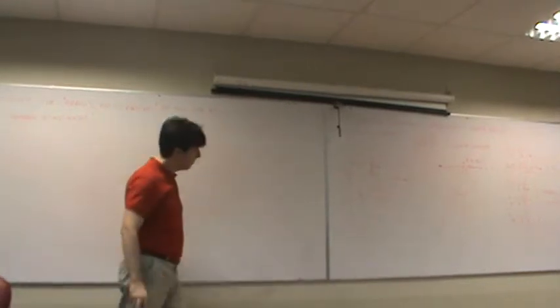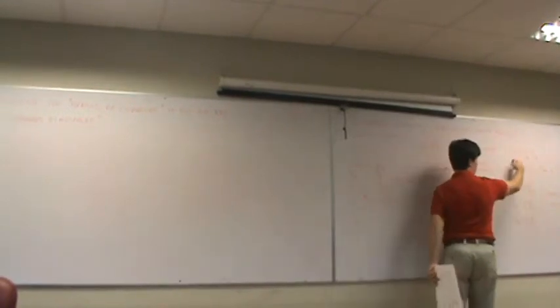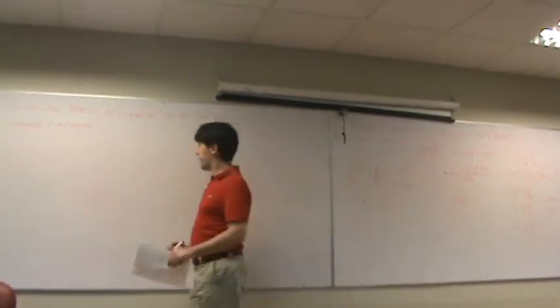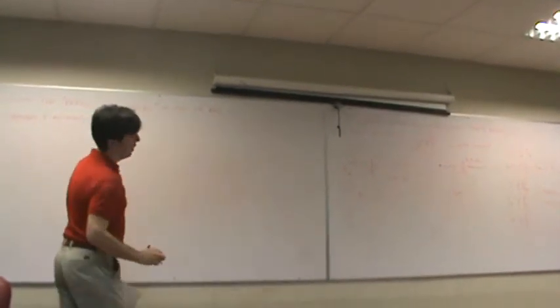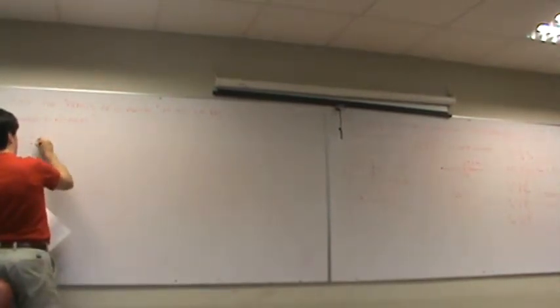So, we take these things and we put them in that equation. What do we get? Something that is squared and divided.